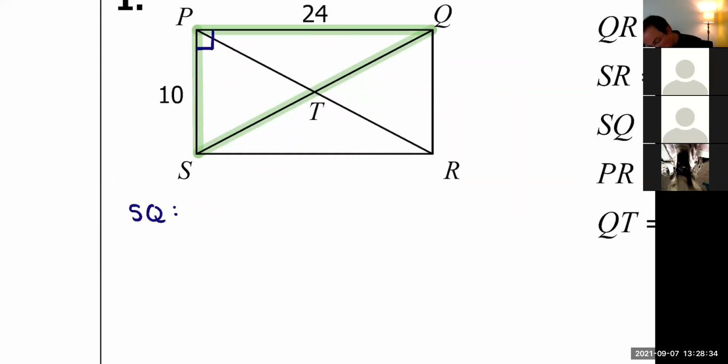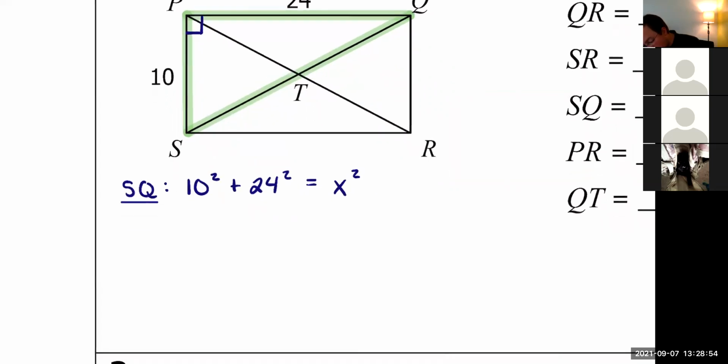I'm using the Pythagorean theorem. So I'm going to say 10 squared plus the other leg squared, so 24 squared, equals, I'm going to use X for SQ here, so I can then go through the process of solving it. 10 squared is 100, I know that one. What's 24 squared? It's like 480. 576.